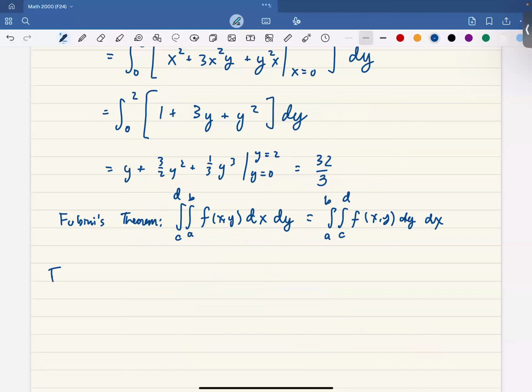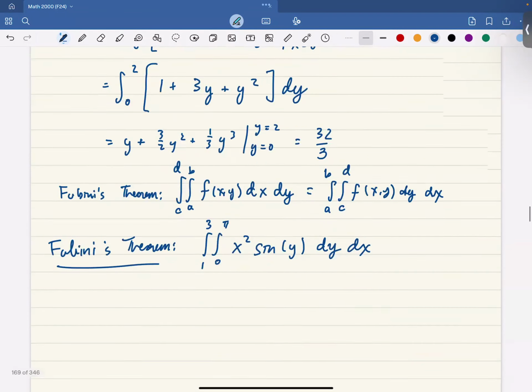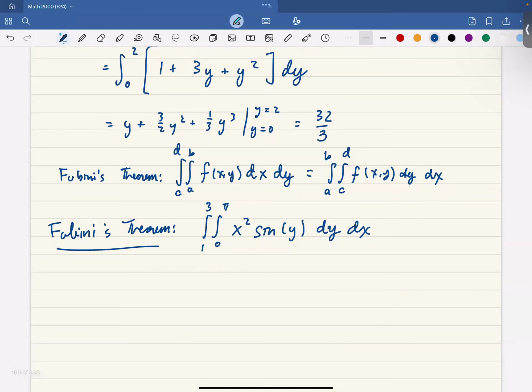We also have one other aspect that's sometimes called Fubini's theorem. And that is that if we have an integral, like x squared times sine of y, something like that, and we're going to integrate, say, dy from 0 to pi, and dx from 1 to 3, it turns out that's going to be the same as if we actually just separate our integrals.